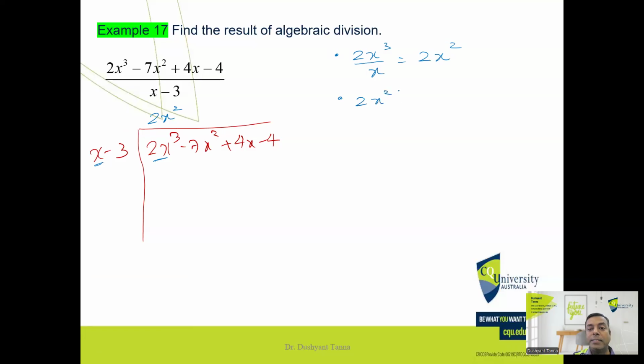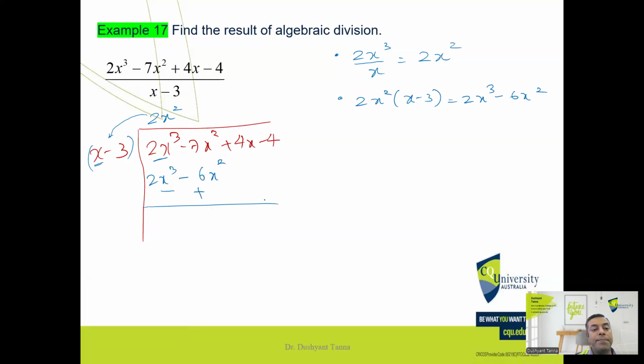So 2x^2 multiplied with the divisor results in 2x^3 minus 6x^2. If you don't follow anything, please stop me and ask me.